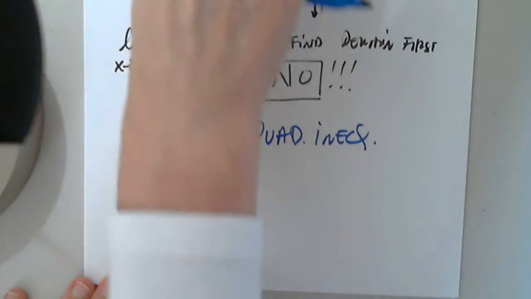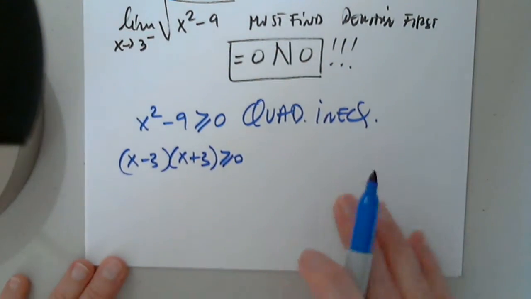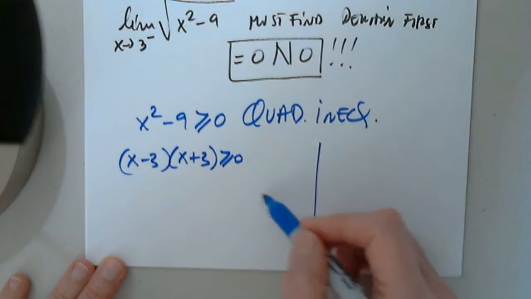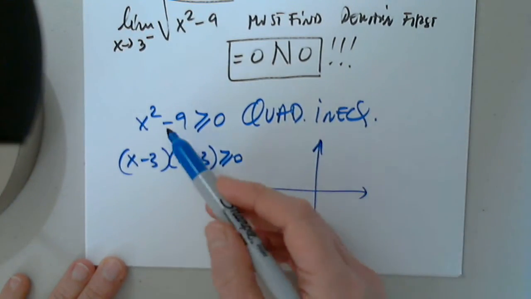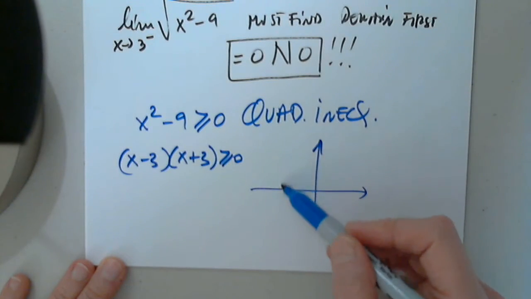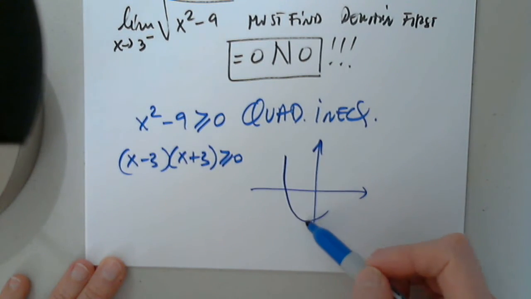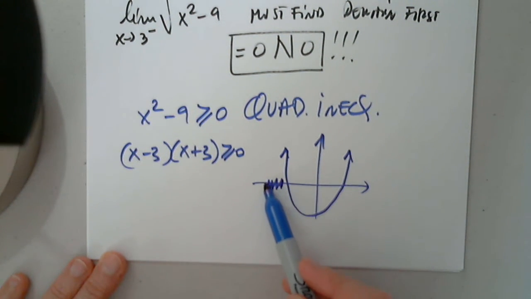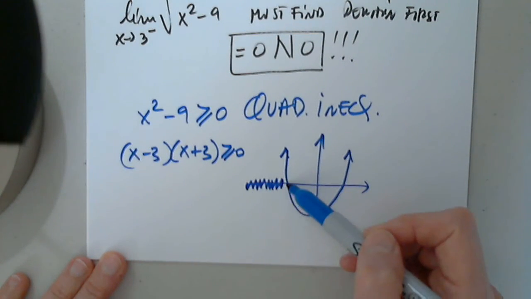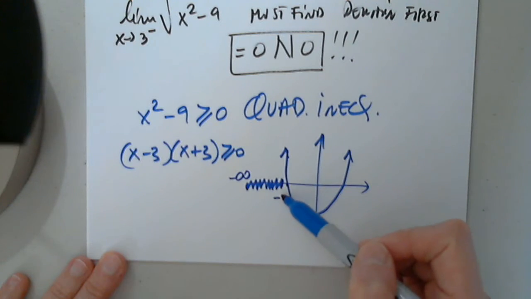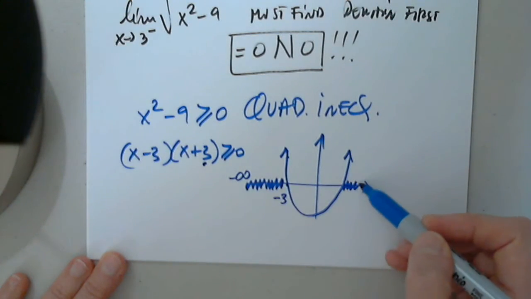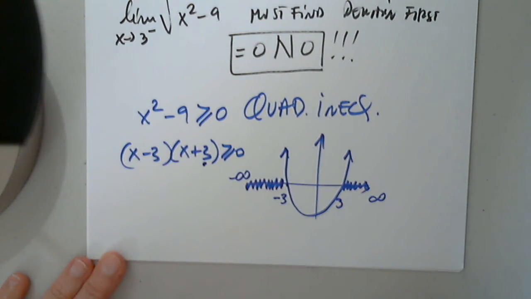I normally show a table to my students on how to study the sign, but this is quadratic, it's not that big of a deal. If we remember that this is x squared minus 9, this is the graph. Very easy to see, the function is positive if I pick between negative infinity and negative 3, or if I pick between 3 and infinity.